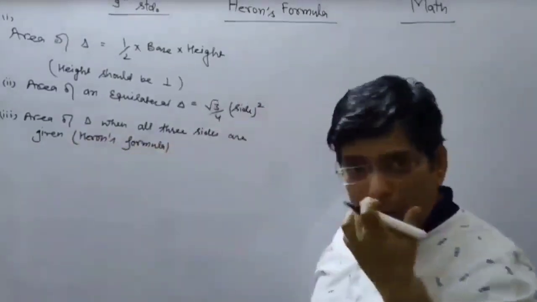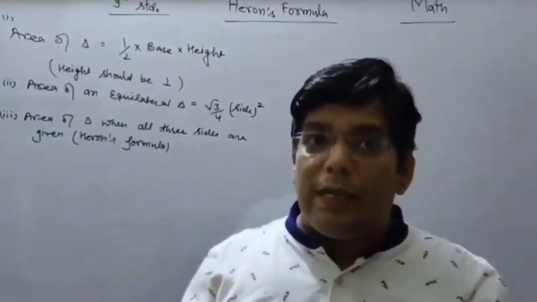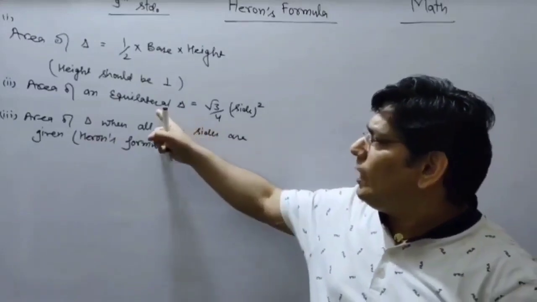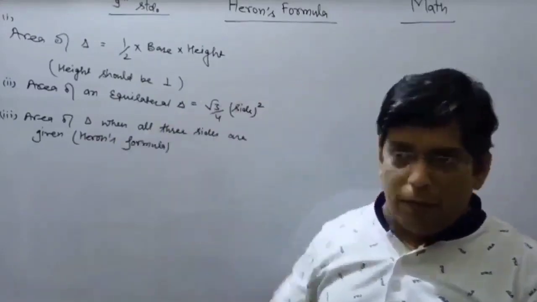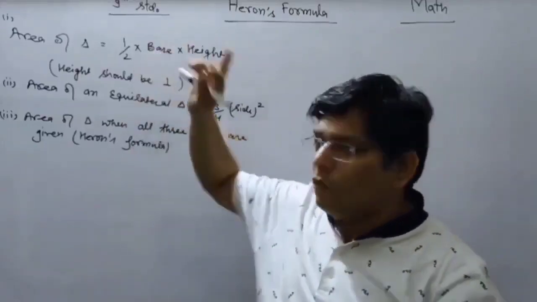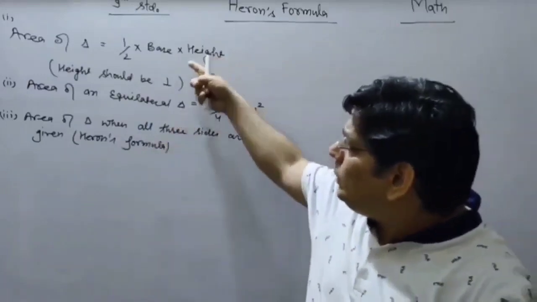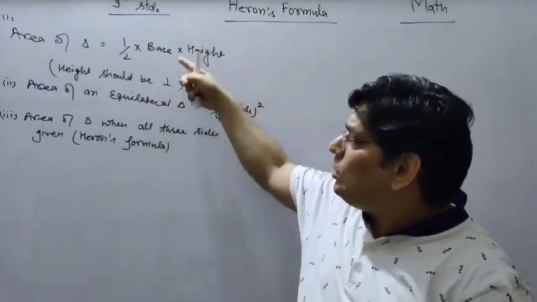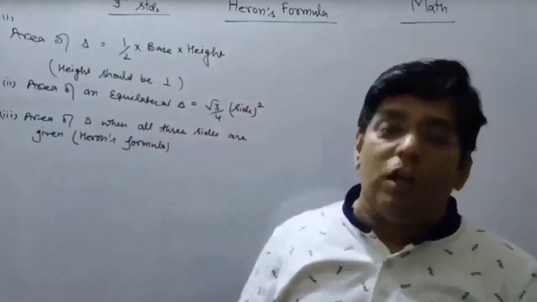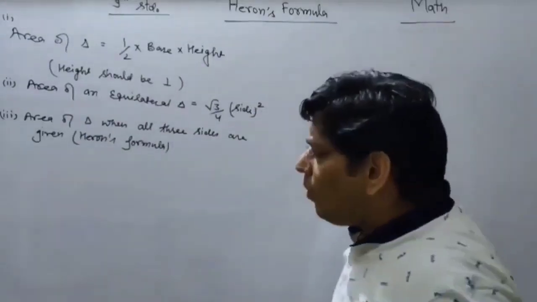Whenever in a triangle all the 3 sides are equal, we can use the formula of an equilateral triangle. Whenever the perpendicular or height is given, we can go for that one. But what happens when both these conditions won't be applicable? In that situation we just use Heron's formula.